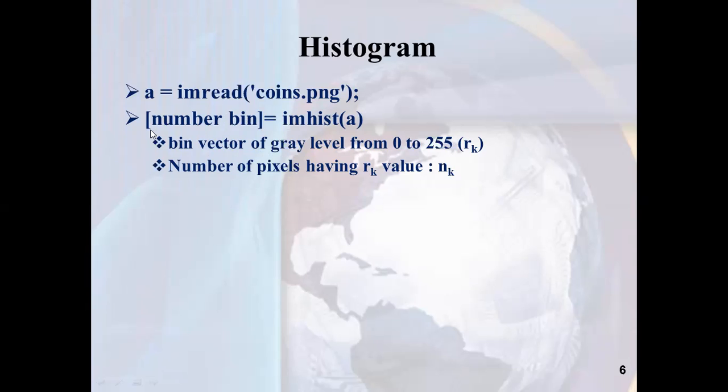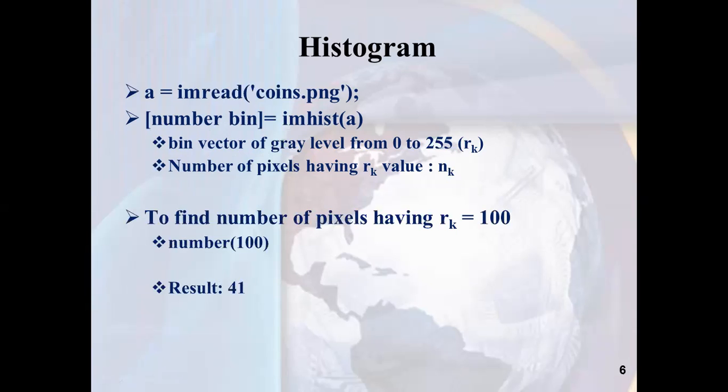And the second vector gives, for each value, the number of occurrences. So, for example, if I want to know for the value 100 how many pixels there are, I just have to find the count at 100, which gives me 41, which means that we have 41 pixels in the image that have the value 100.